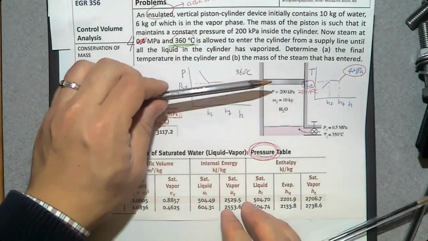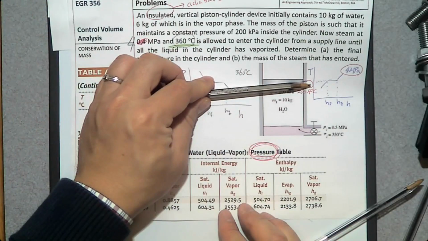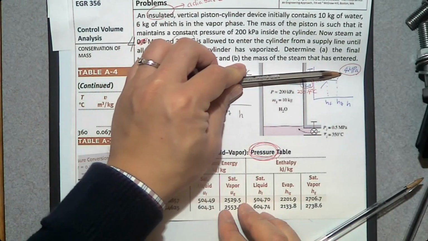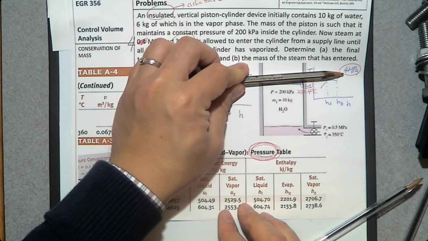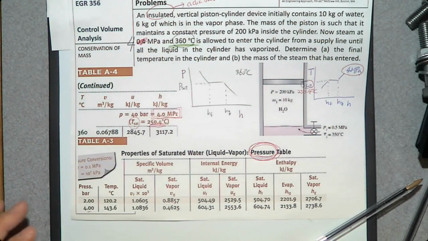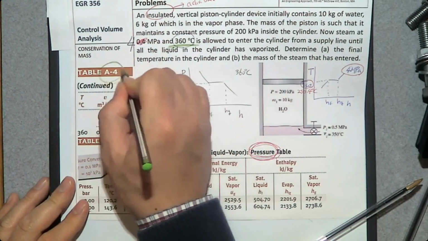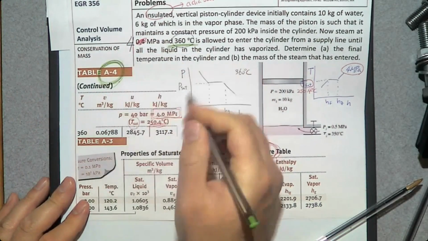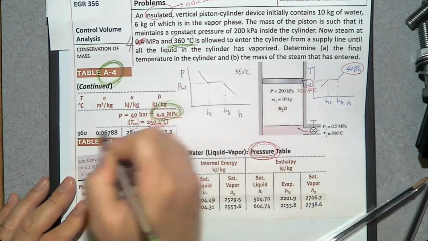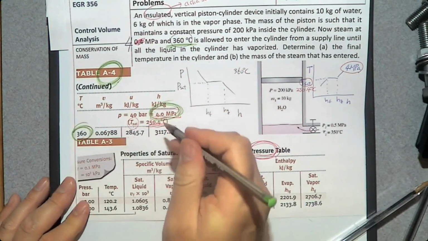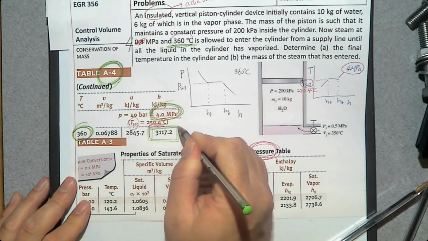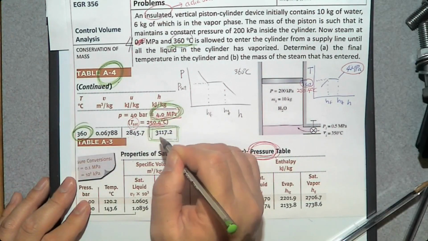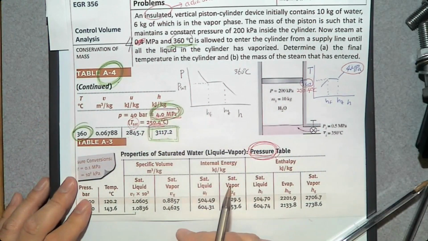So where is 360 on this TH diagram? Greater than 250. So what is the phase change process? Number 5, superheated vapor. Once you know it is superheated vapor, you can go to the superheated vapor table, table A4. At 4 megapascal and 360 degrees Celsius, the specific enthalpy H is 3,117.2.